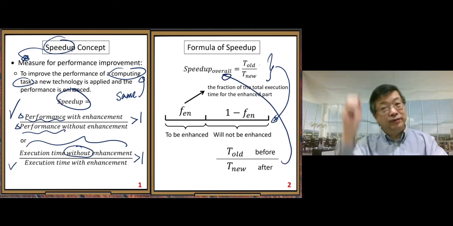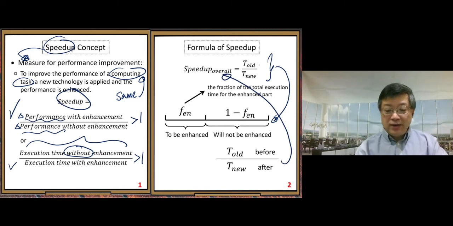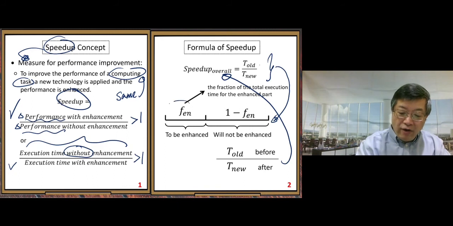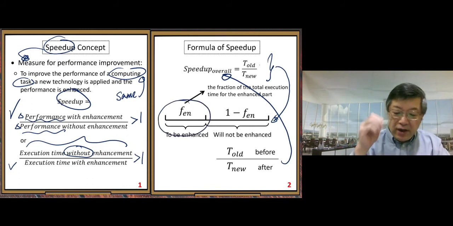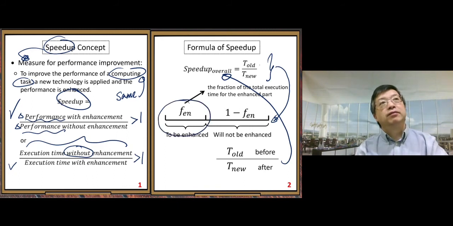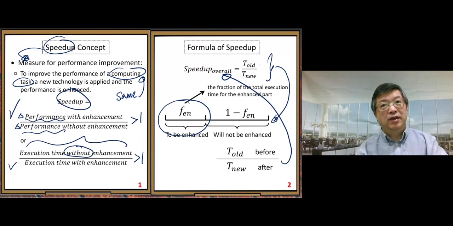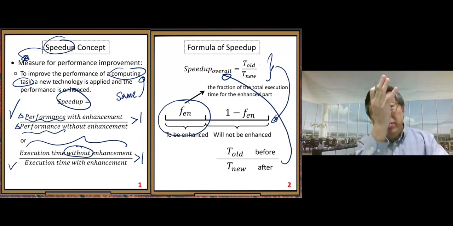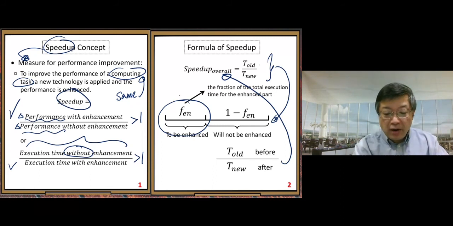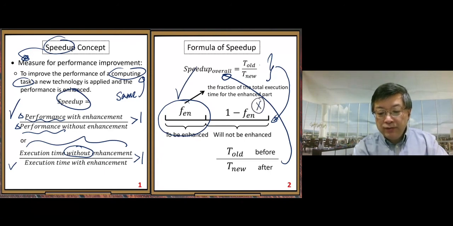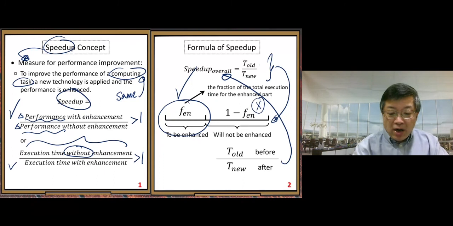Speed up overall. But now for this particular enhanced part, there is some improvement, because after we apply a new technology, this part can be improved, but that part cannot be improved. How much can this part be improved?